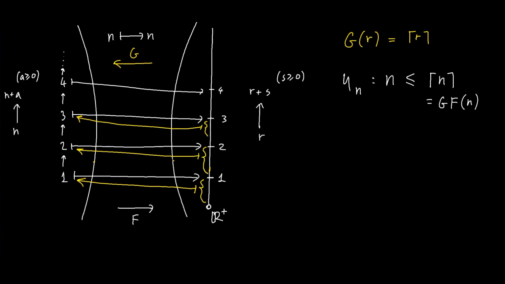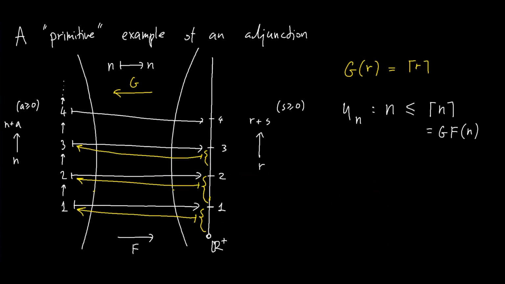So n maps to n, as we said before. And what about epsilon? Epsilon of a real number should be something that's, so epsilon map should be from fg of r to r. It means it must be less or equal to r. But what is fg of r? That's the ceiling of r.